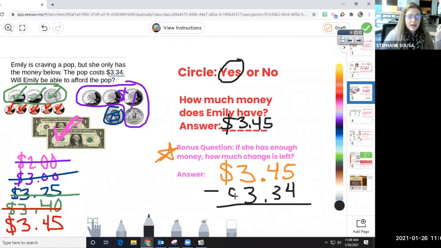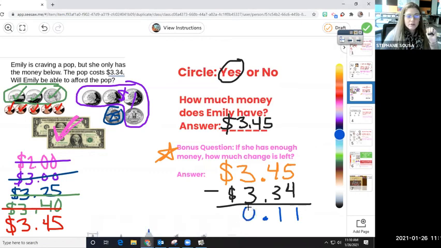The only difference is we have a dollar sign and we have a decimal point, but we solve it the exact same way. 5 pennies minus 4 pennies is 1 penny. 4 dimes minus 3 dimes is 1 dime. Decimal point stays in the same place. $3 minus $3 is $0. So Emily is going to get back 11 cents. That is how much change she will receive.